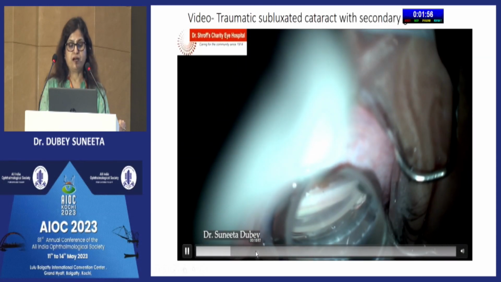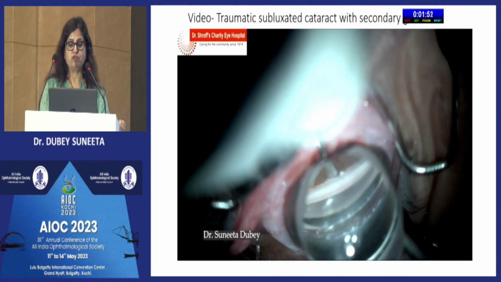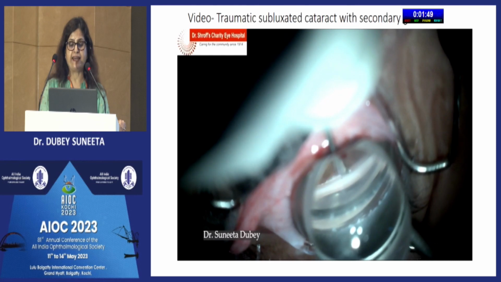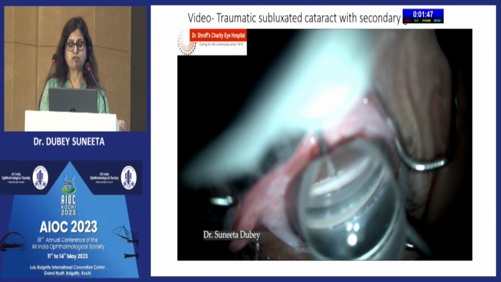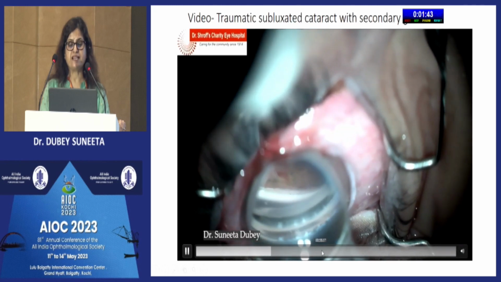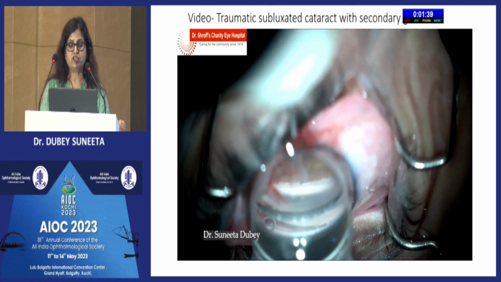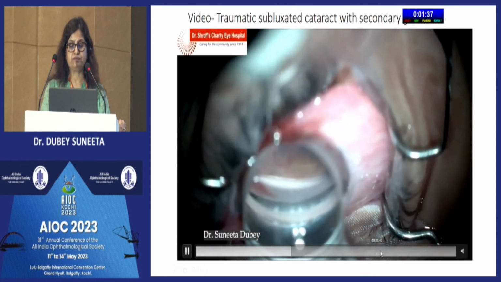So you can see before doing the cataract surgery, you can visualize the angle properly, make a cleft. The angle was open in this particular patient. And once you have made a nice cleft, then you can continue with your cataract surgery.